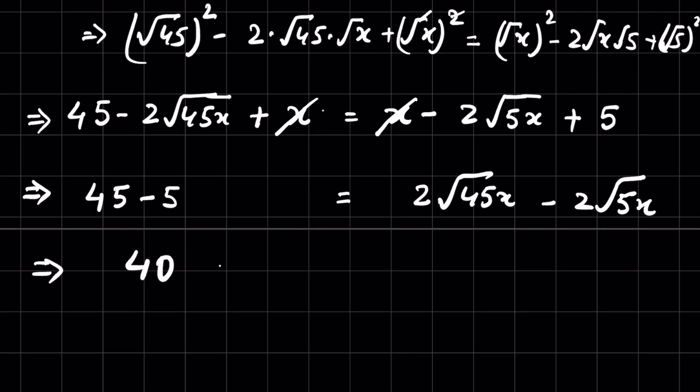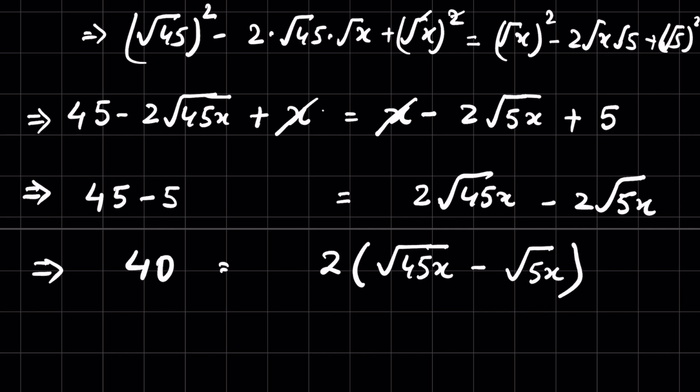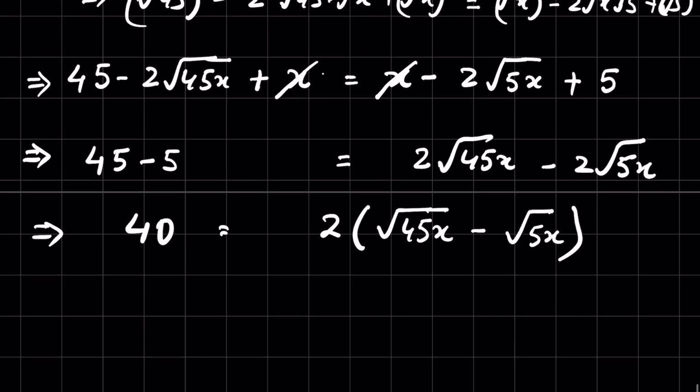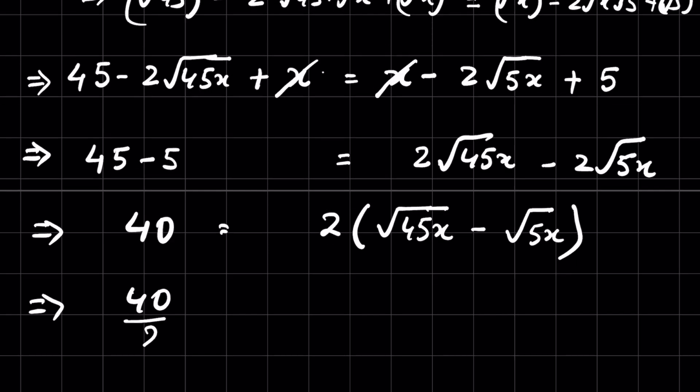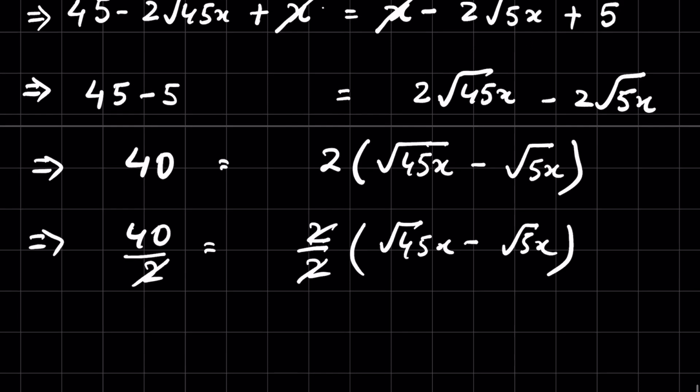So 45 − 5 is 40 is equal to, now we can take 2 common here and write (√(45x) − √(5x)) in the parenthesis. Now, divide both the sides by 2. This 2 and this 2 get cancelled. 2 times 20 is 40. So, this is 20 is equal to √(45x).